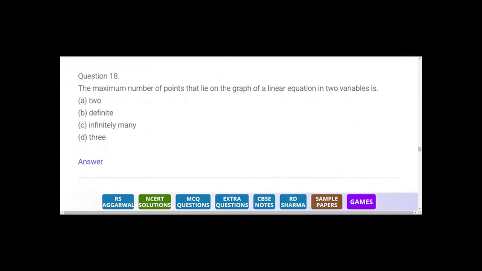Maximum number of points that lie on the graph of a linear equation in two variables is dash. How many points will lie on the graph of a linear equation in two variables? Linear equation.